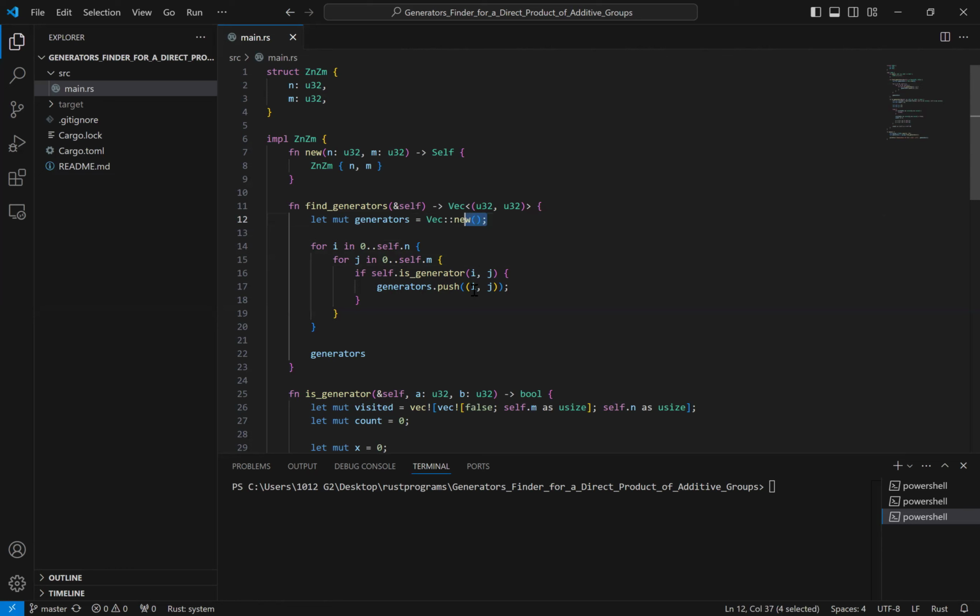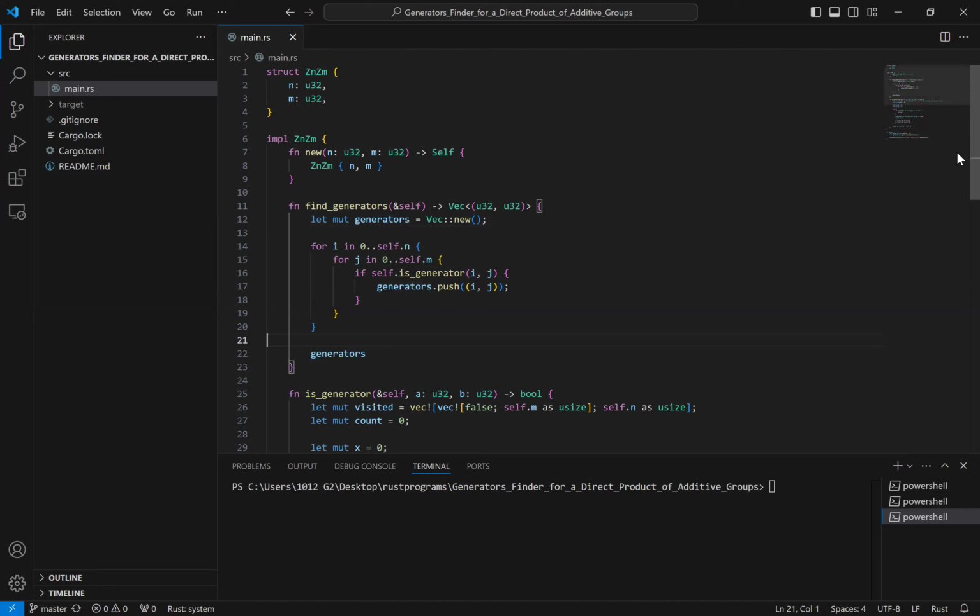So what this is doing is this. Supposing my i is 1 and my j is 2. It's checking to see whether (1, 2) is a generator. If (1, 2) is a generator, it pushes it into this vector. And at the end of it, after pushing all of them, it will have the generators.